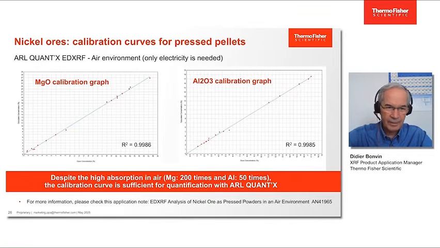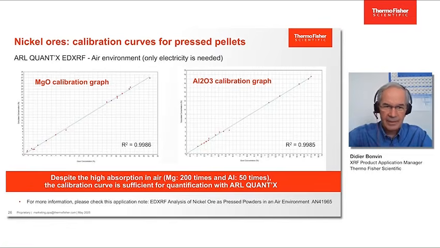We would expect that it would be practically impossible to measure magnesium. But in the case of the ARL Quantix, the distance between the sample and the detector and between the X-ray tube and the detector is rather small. We're talking about 3 centimeters.